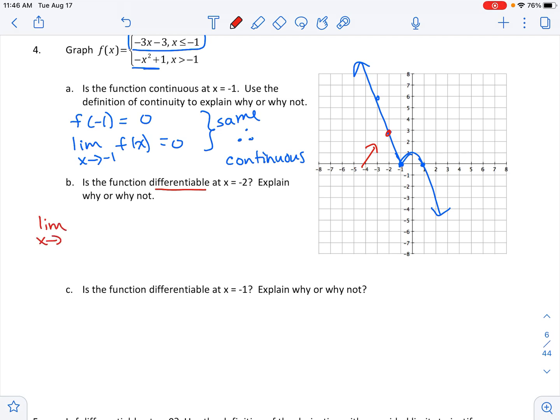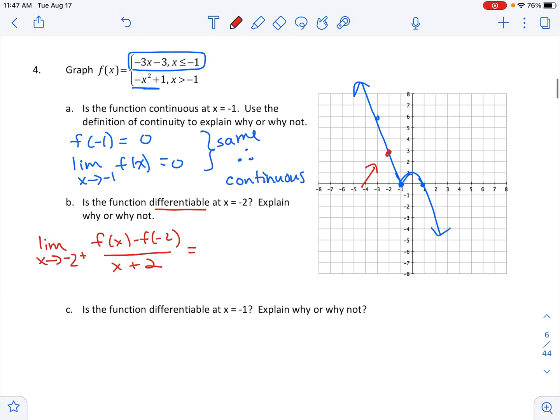So when I look at the derivative from the right side of the graph, this is your f of x minus f of c over x minus c, and we're using -2 as c. This is the same value as I approach -2 from the left side of the graph, right? This is just a straight line, so as I approach it from the left, as I approach it from the right, the slope is always -3. So it's because those two limits are the same that we can say that it is differentiable.